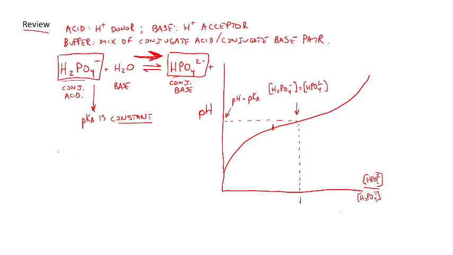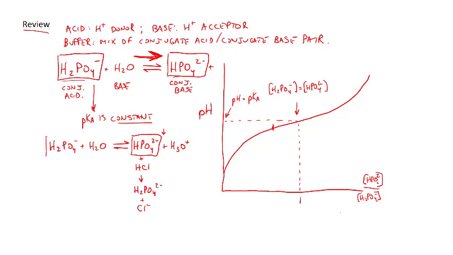So let's say that we had the situation we did before where we are going to add HCl, a strong acid, to give us more of our conjugate acid, so that our concentration of conjugate base decreases and our concentration of conjugate acid goes up.